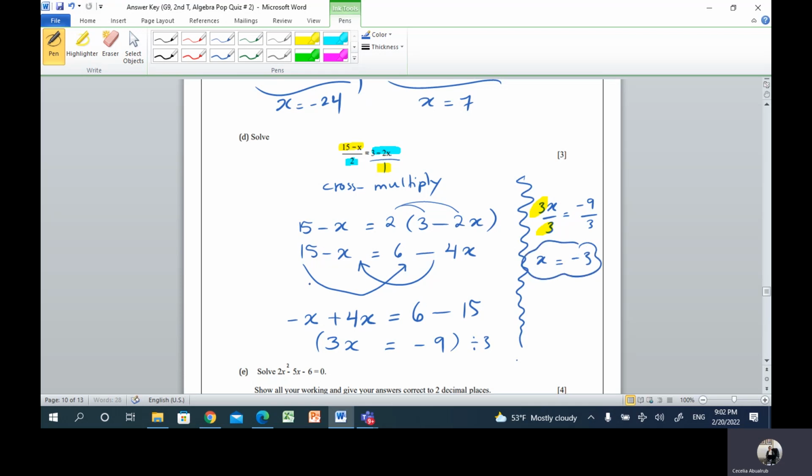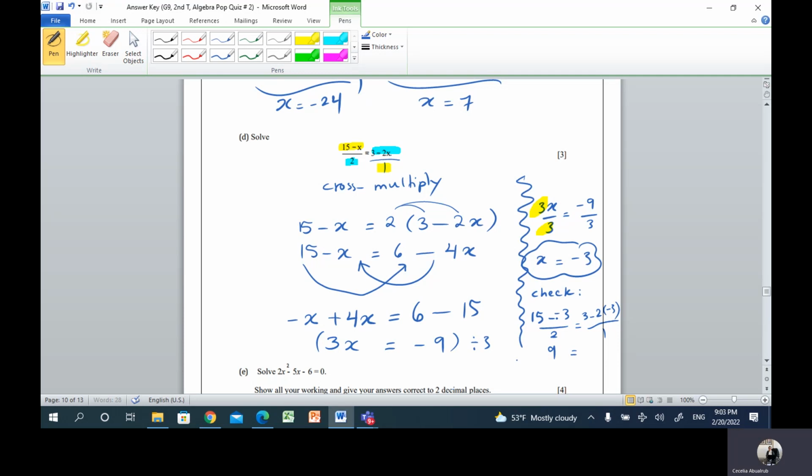And in order to check, if you want to check, I don't have enough place to be honest, but it will be 15 minus 3 over 2. Is it equal to 3 minus 2 times negative 3 over 1? So 15 minus negative 3, it's 15 plus 3 over 2.